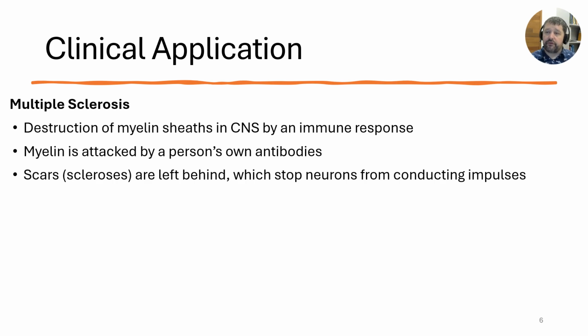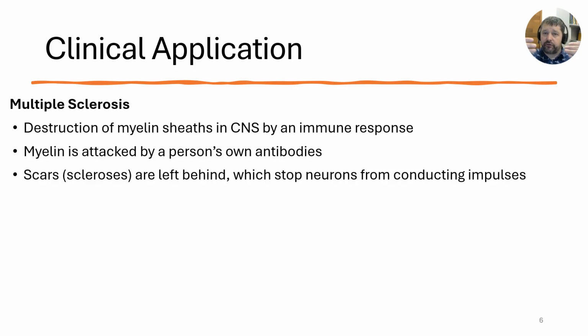When the myelin is deteriorating, new material will be laid down, but it is a stopgap. It tries to cover the axon, but it's not the same material that myelin is made of, and it produces a scar. That scar doesn't protect the axon, and it doesn't allow the signal to be sent, so it really stops the impulse from moving down.